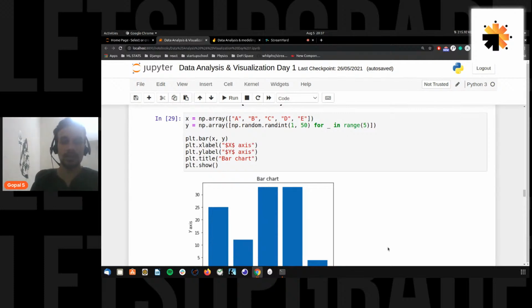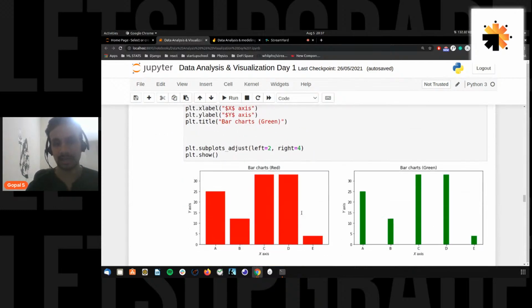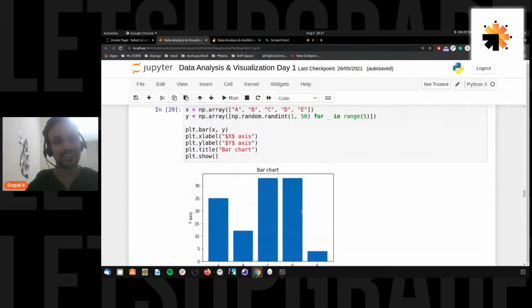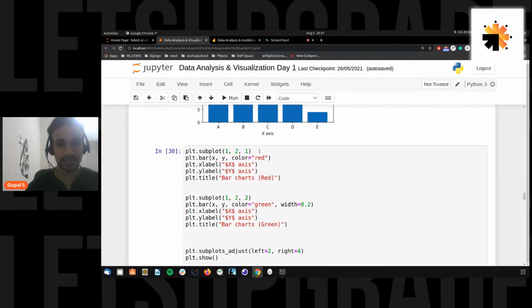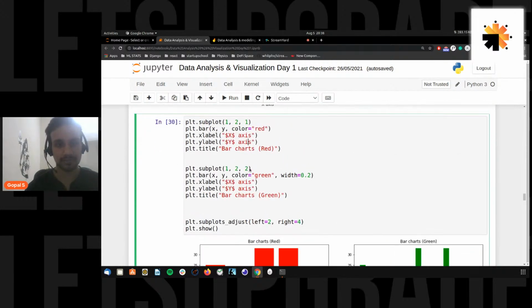Okay, so let's see again the color schemes. What I did again, I just used the subplots for 1 to 1 and 1 to 2, then the bars, and then the title, with title color red and color green.